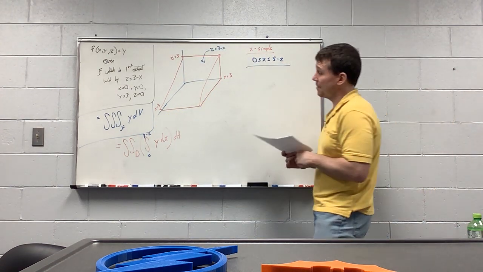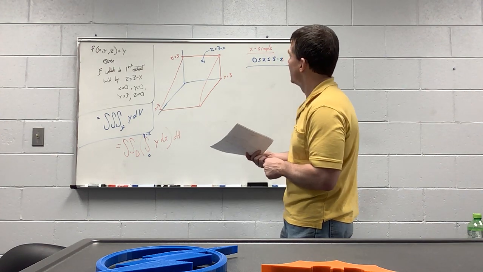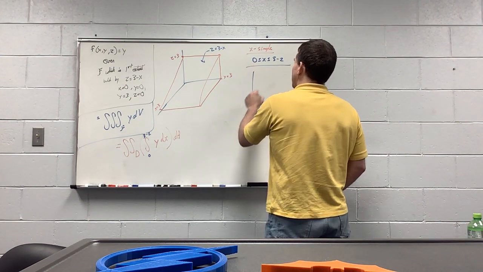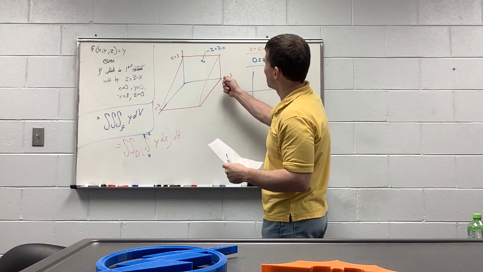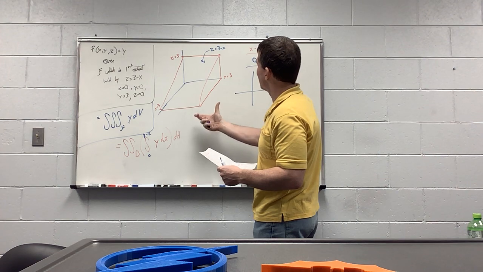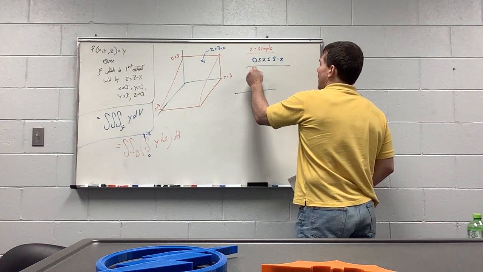Now I do the exact same thing. I have eliminated the variable x, so now I drop into the yz plane. And in the yz plane, that's y, that's z, if I get rid of x, which is here, well, the yz plane is right back here. And that's clearly just a rectangle.